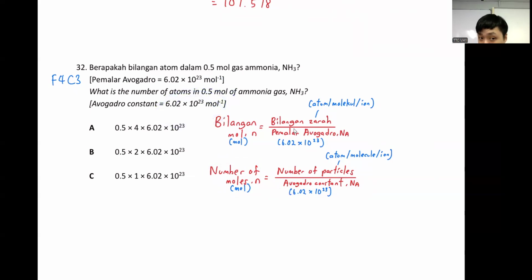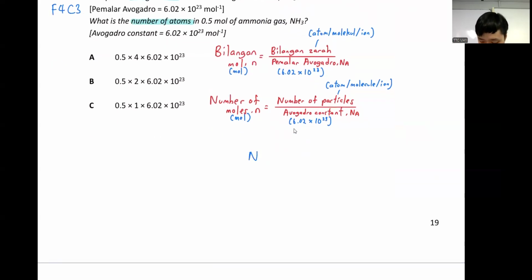So what do we get? They didn't ask you to count, but 0.5 times 6.02 times 10 to the power of 23. Now, in this case, be careful, since they ask for atom. Ammonia, I draw for you. Ammonia is NH3. Ammonia NH3, so let me draw for you.